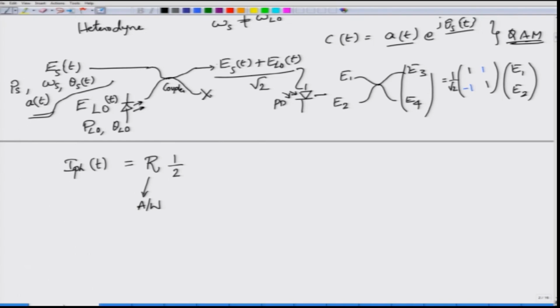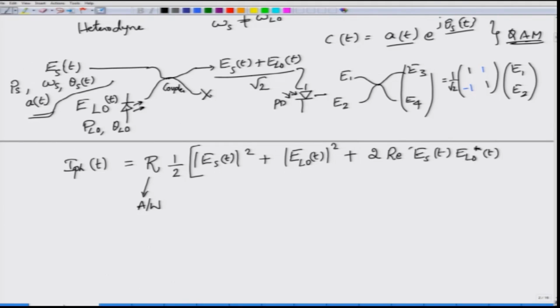So, if I now do Es of t plus ELO of t mod square, what I get is Es of t square plus, this R into 1/2 is a constant, so I am going to remove that outside, I get ELO of t magnitude square plus 2 times real part of Es of t ELO complex conjugate of t.